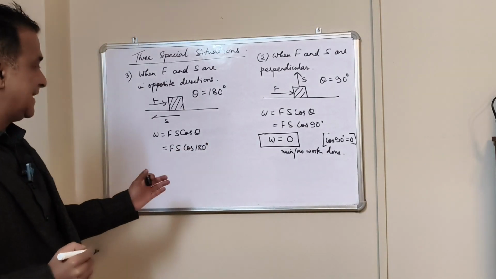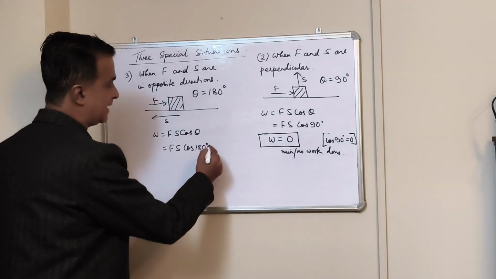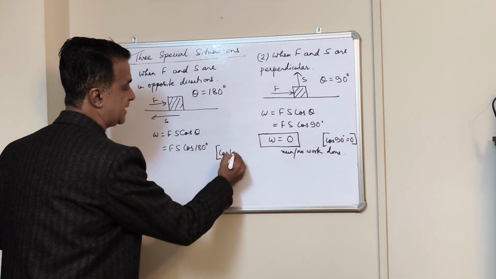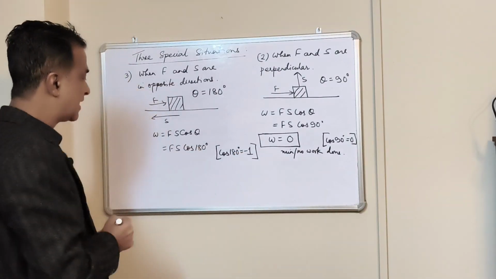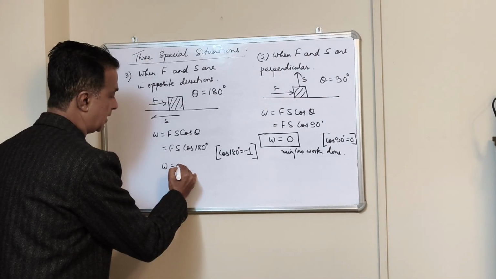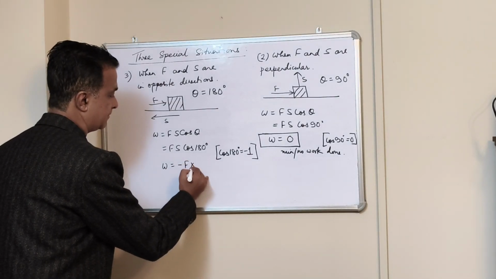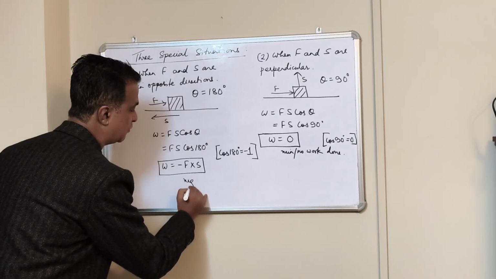Now cos of 180 is beyond the scope of your math syllabus also, but please keep in mind that cos of 180 degrees is minus 1. So when you multiply F into S into minus 1, we get work as minus Fs. So we say negative work is done.